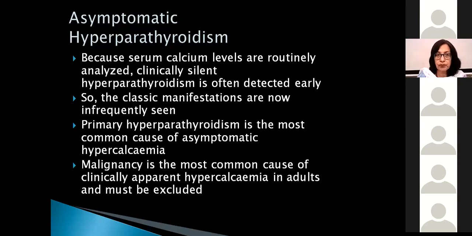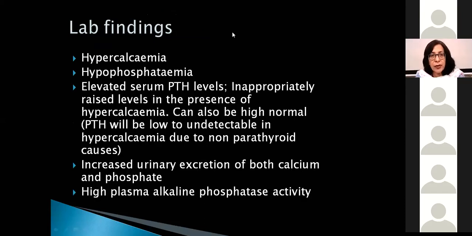hyperparathyroidism. Lab findings: we have hypercalcemia and hypophosphatemia. Elevated serum PTH levels are inappropriately raised in the presence of hypercalcemia. In a normal person, if the calcium level is high, the PTH should be very, very low.